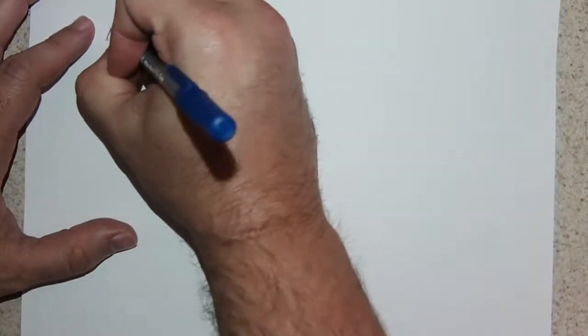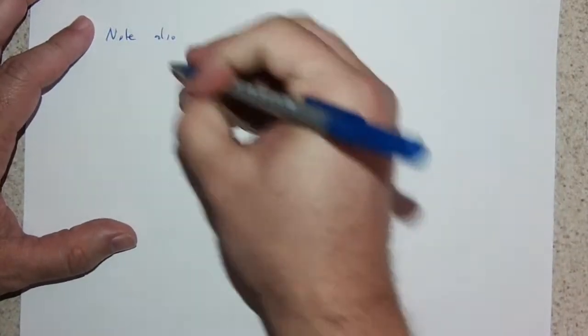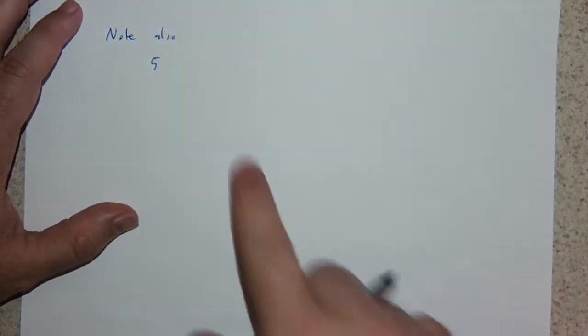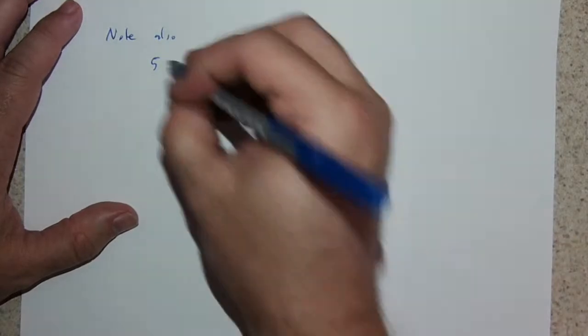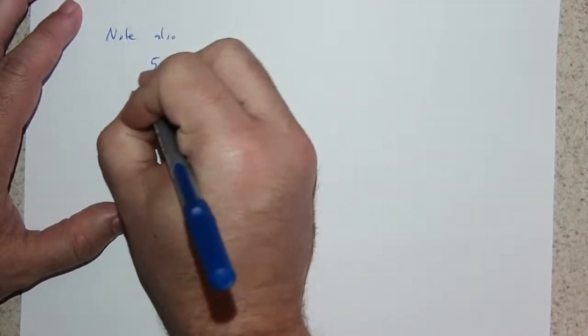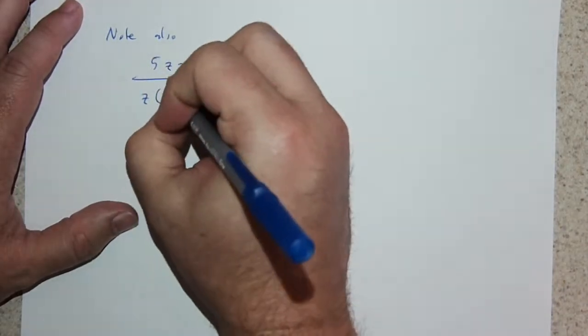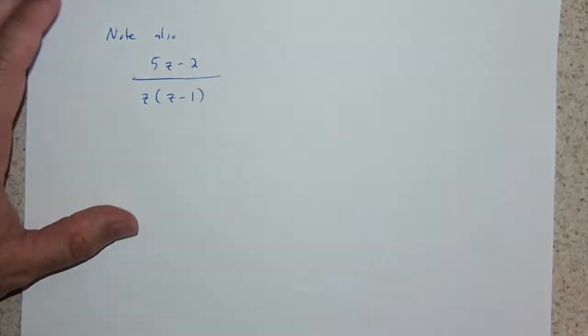To get the second residue, note that I can rewrite this, expanded about 1, the other singular point. This is 5z minus 2 over z times z minus 1.